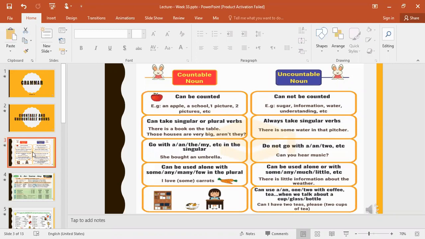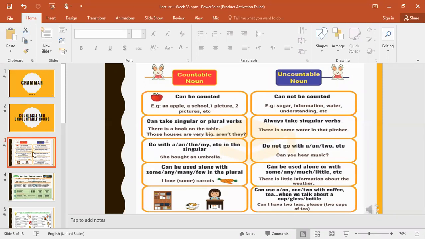For example, when I say an apple, a school, one picture, two pictures, and so on, while the nouns that are uncountable are such as sugar, information, water, understanding, hair, soil, and so on.